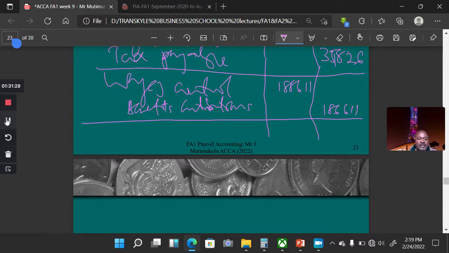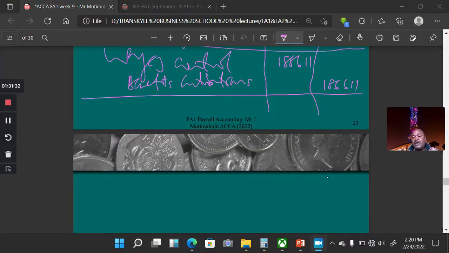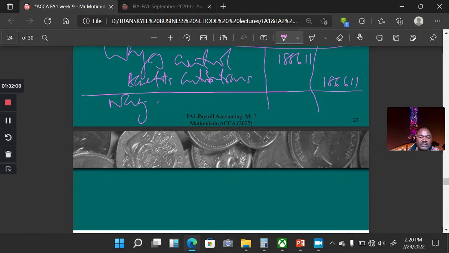After we consider everything here, we can also see that there is another item that is missing. That is the net pay. This is the net pay element, but still we're going to debit the wages control. We just do the same. Wages control is being debited.